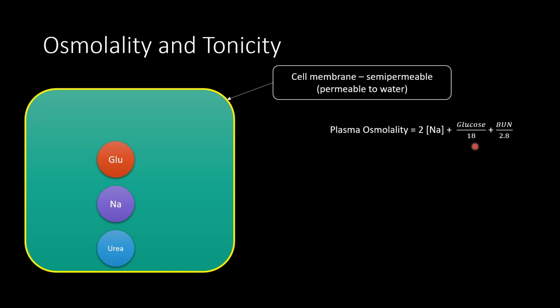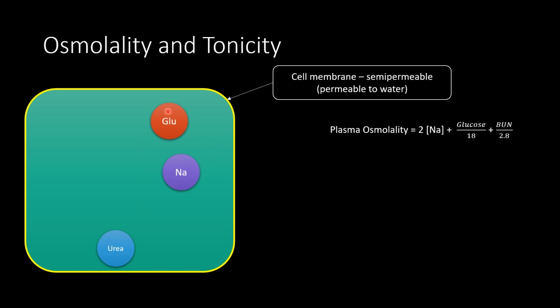So imagine three things: glucose, sodium, and urea inside the cell. The difference between these three things is that if glucose concentration increases or sodium concentration increases, it is not able to move outside the cell. That's why if glucose or sodium concentration increases inside the cell, it will ultimately cause shift of water from outside to inside.